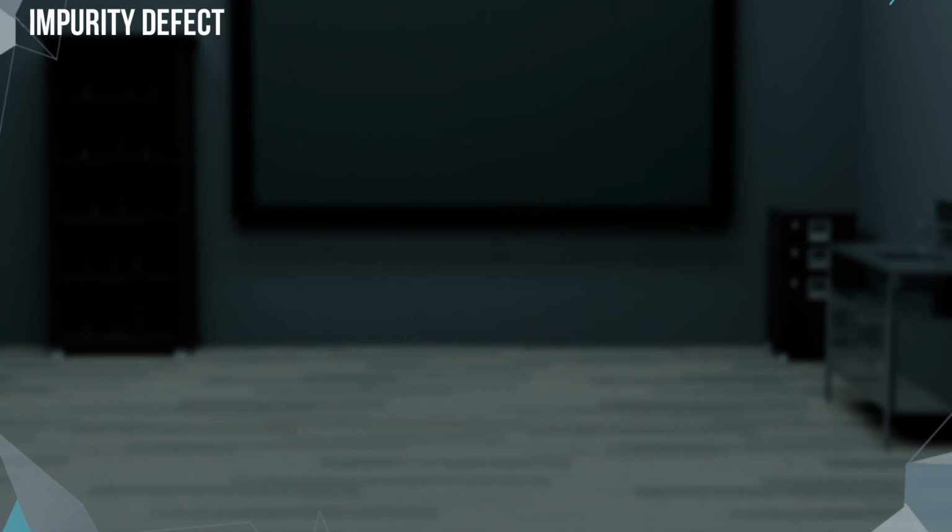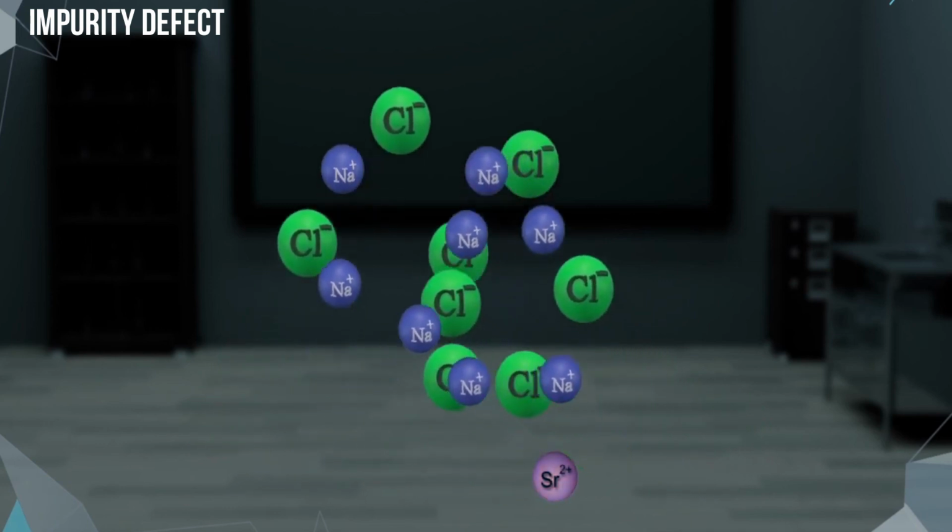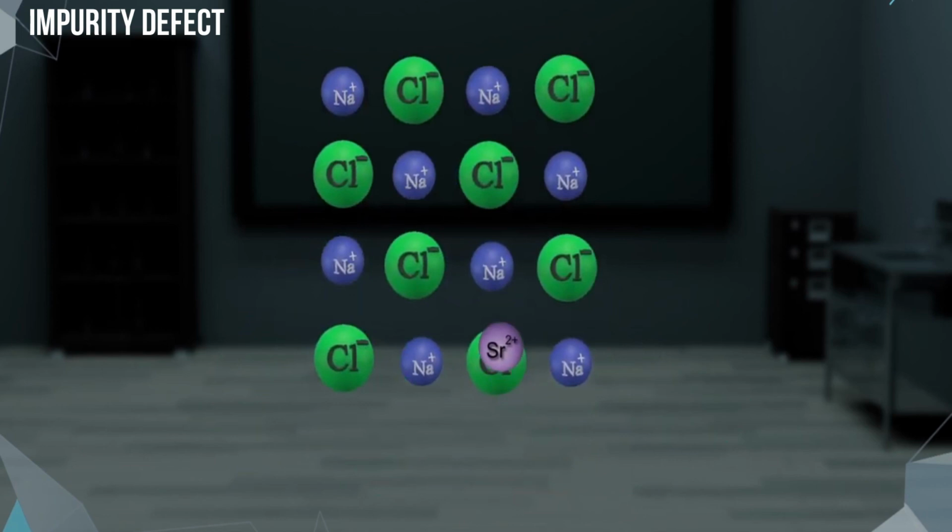Let us understand with the help of an example. Consider the crystallization of molten sodium chloride in the presence of a small amount of strontium 2 plus ion, Sr from SrCl2.